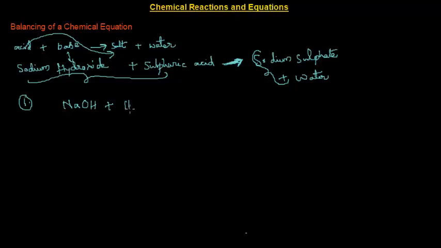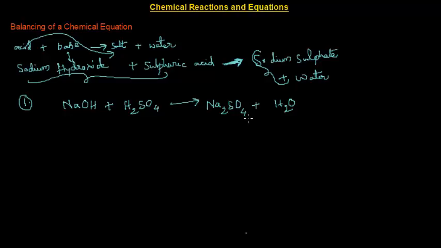The formula of sulfuric acid is H2SO4, gives us sodium sulfate, Na2SO4, plus water, formula is H2O. So, we have done our first step of writing all the reactants and products with their formulae.